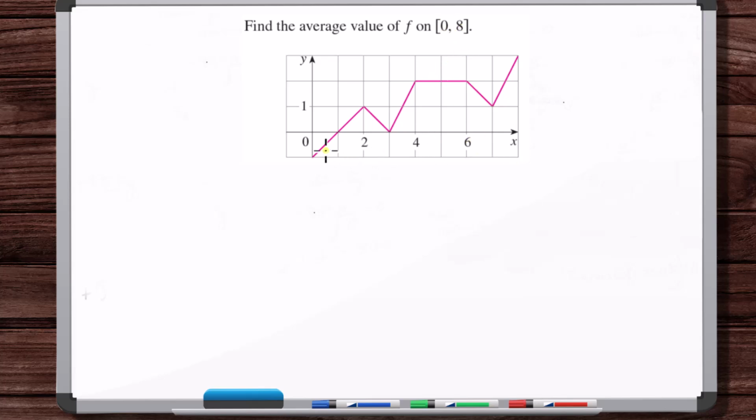So what is the definite integral from 0 to 8? We're just going to get the net area. So it'll be this area plus this area minus this area. Okay, so this is the function f.